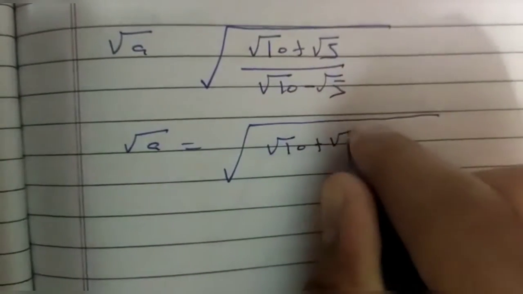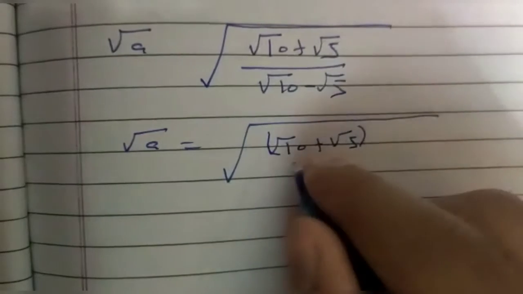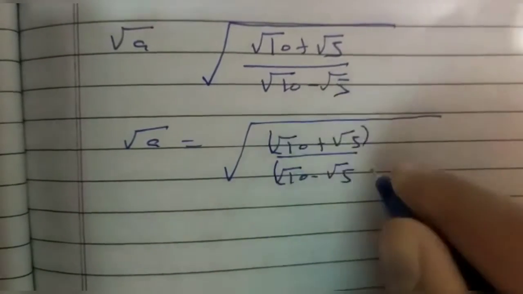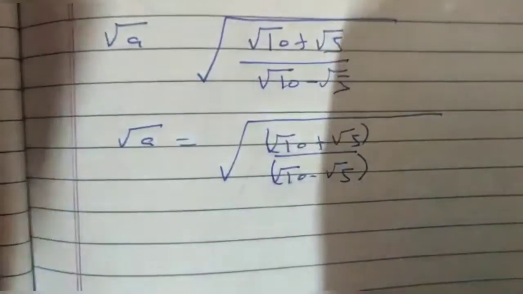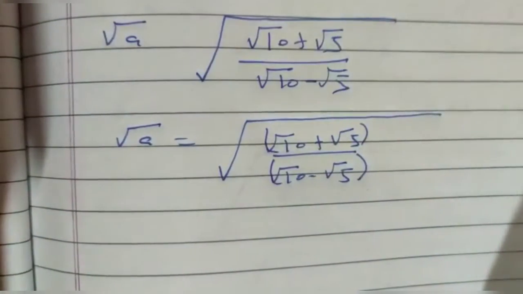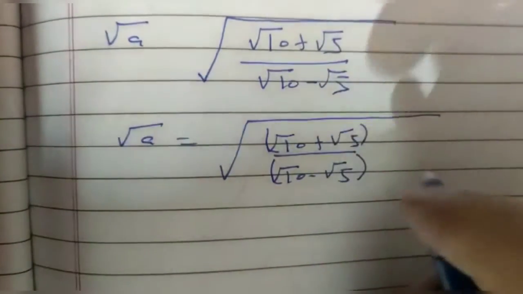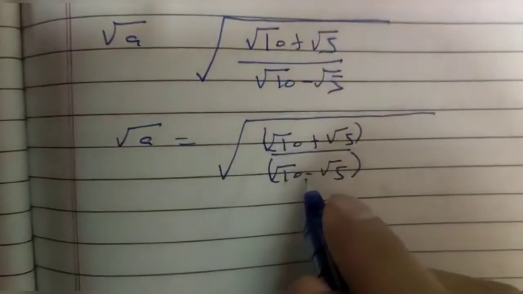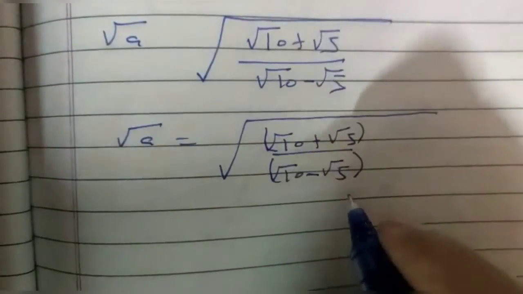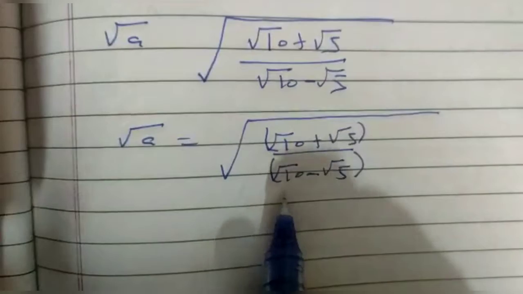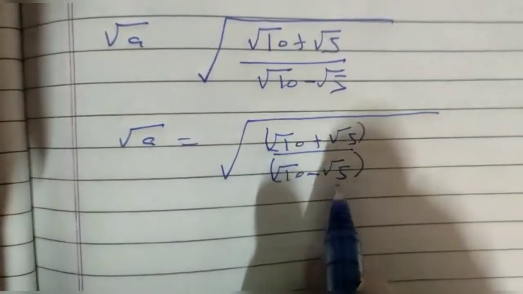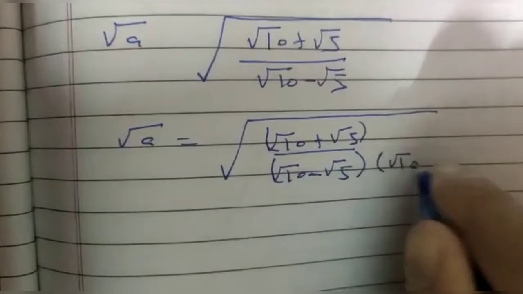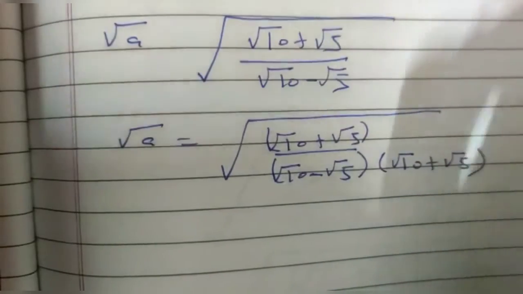Root 10 plus root 5, I am going to put a bracket here, and I am also going to put the bracket in the denominator. As you know, when we rationalize a number, then we multiply it with the conjugate pair. So what are conjugate pairs? Conjugate pairs are those with the opposite sign. The conjugate pair of root 10 minus root 5 will be root 10 plus root 5.